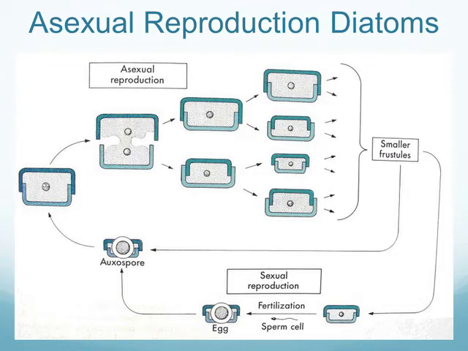And diatoms have a very interesting reproductive cycle. Typically speaking, they will undergo asexual reproduction, whereby they will replicate the material on the inside, and they will separate the two halves of their shell or their test.